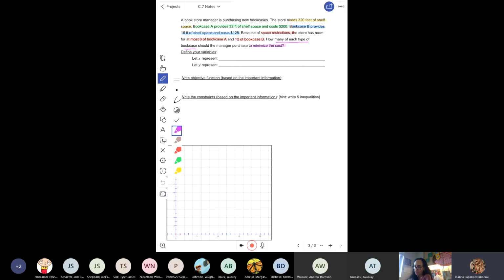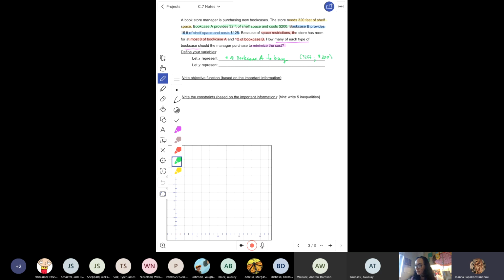So first, let's define some variables. Let X represent the number of bookcase A to buy. And again, I like to write the other things next to it. I know it provides 32 feet and it costs $200. I'm just trying to keep all my variables straight.